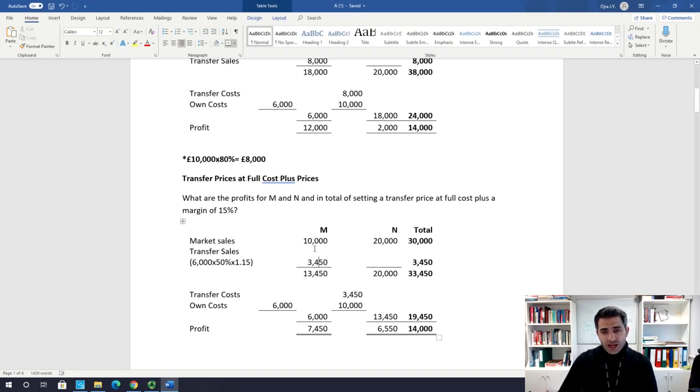So now you need to do the calculations the same, absolutely the same, but just change the transfer price here.